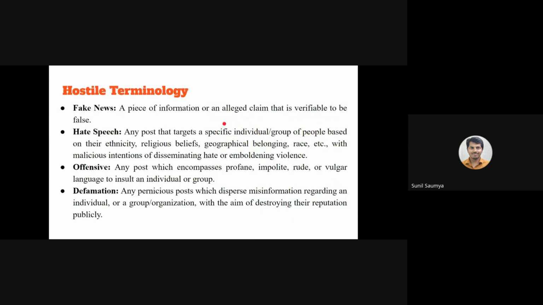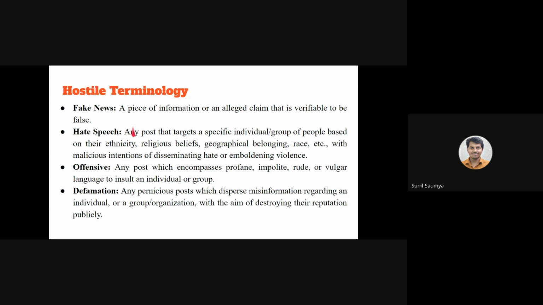Okay, so I won't go deeper, but as all of us are aware, what is fake news or hate news or offensive or defamation. Fake news is any information or claim that is verifiable to be false. If any news can be verified as false, then it is fake news.